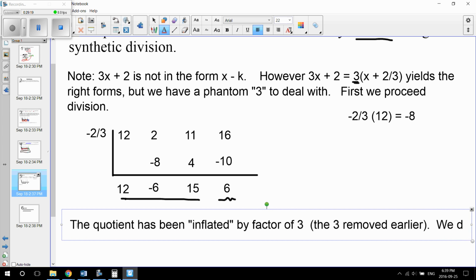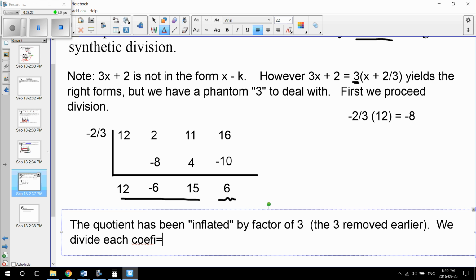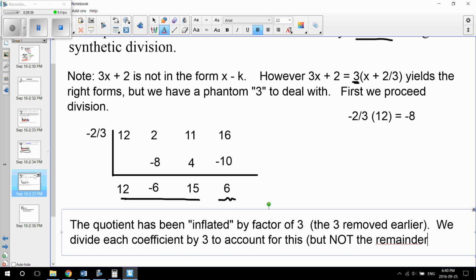So what we do is we need to divide each coefficient by that factor of 3 to account for this. The only thing that we don't do is we don't do it to the remainder. We don't need to divide out that 3 from the remainder.